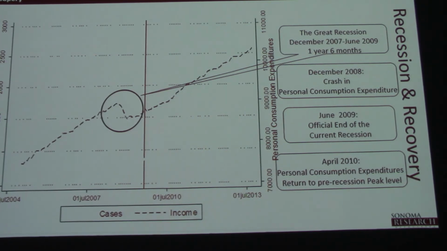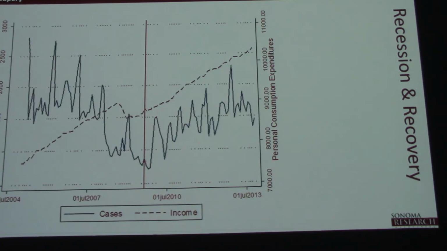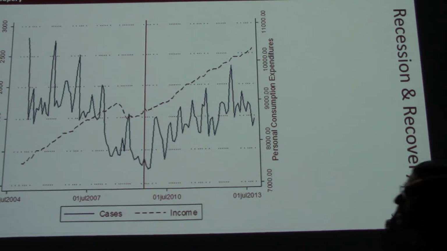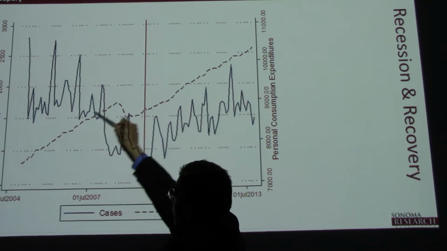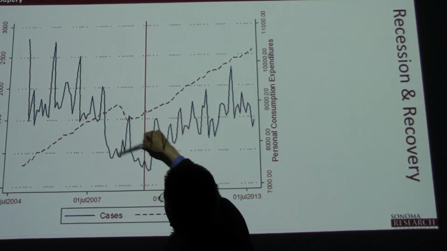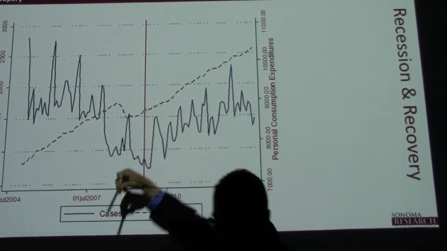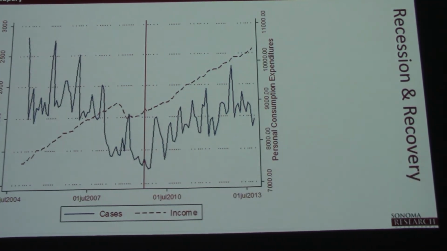So clearly there was a significant economic event going on. And if we superimpose our measure of case volume in there, then at least a chunk of that decrease. You can kind of see, if you look close enough, they were declining a little bit here, but it looks like there's a significant decline right here at the depths of the recession.